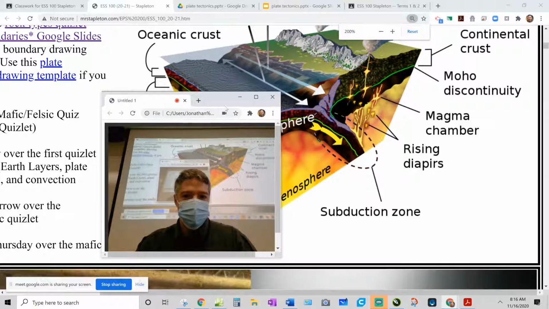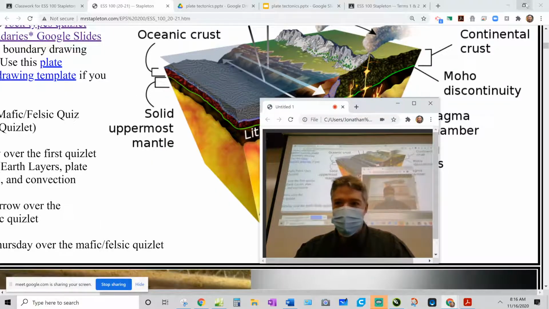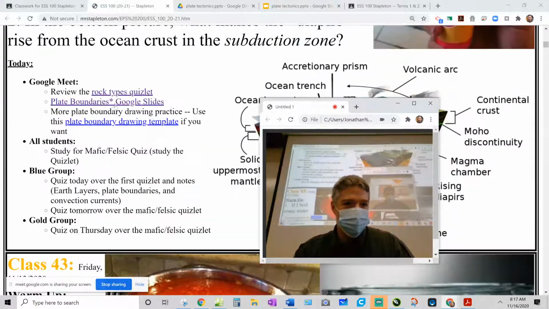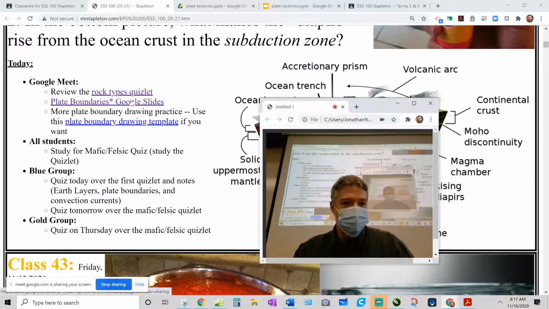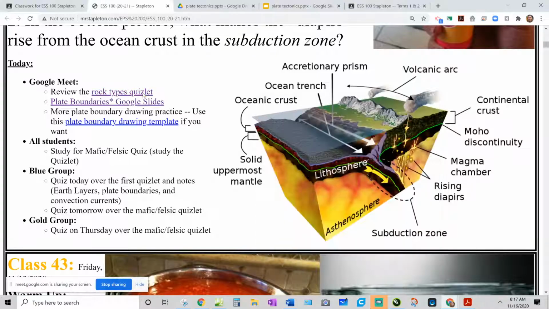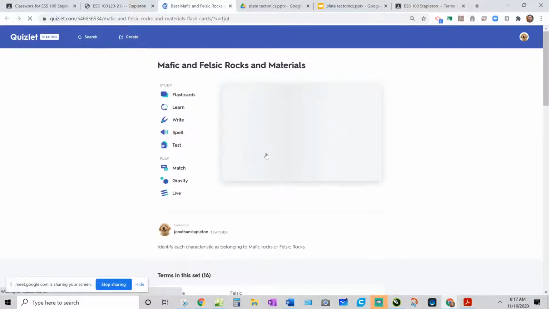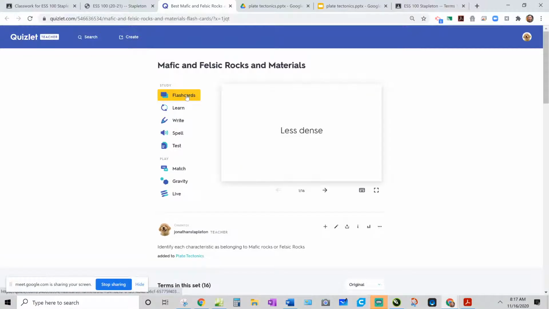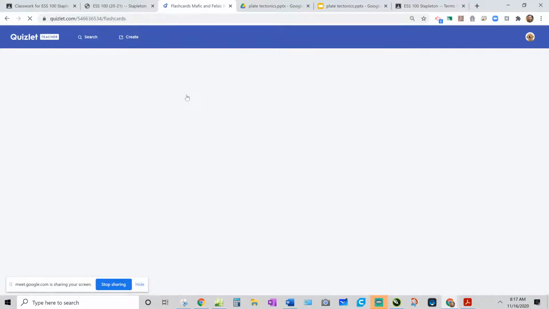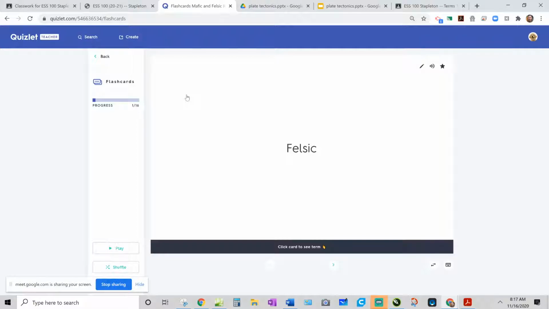Okay, next thing on the agenda. I've got to zoom way out here. Plate boundaries, Google Slides, that's just something I can refer to. The rock types Quizlet. I'm going to quiz a few of you, see how you're doing on this. Go to my flashcards.